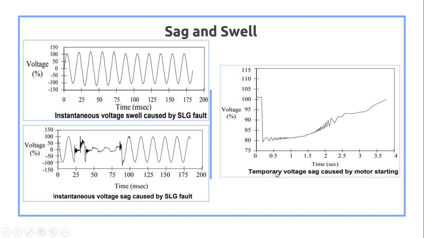And this is the temporary voltage sag caused by motor starting. When the motor starts, it takes high inrush current or high starting current, due to which voltage suddenly drops, and after the motor achieves its rated speed, the voltage again achieves its rated value.